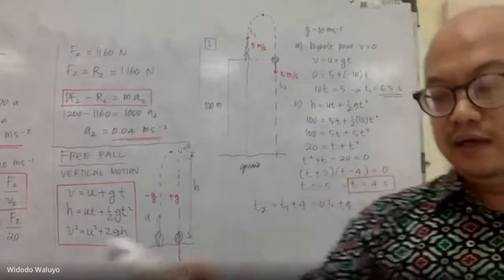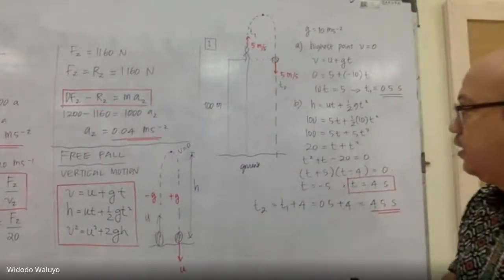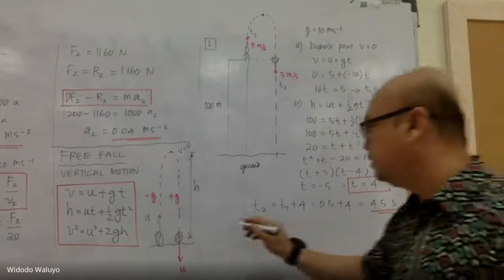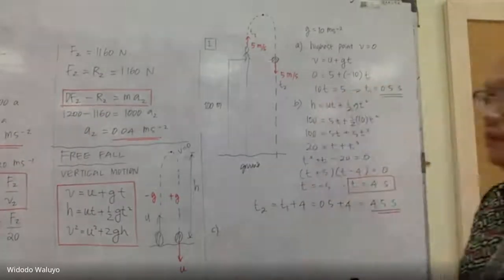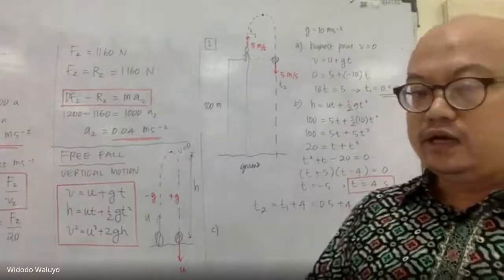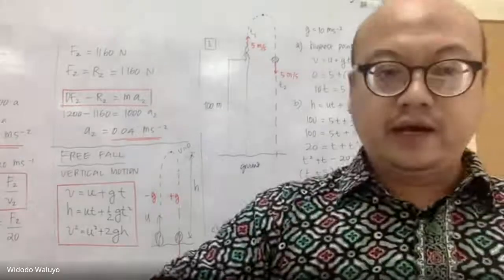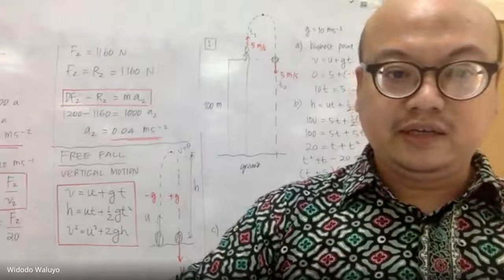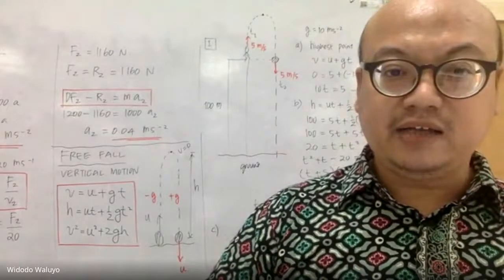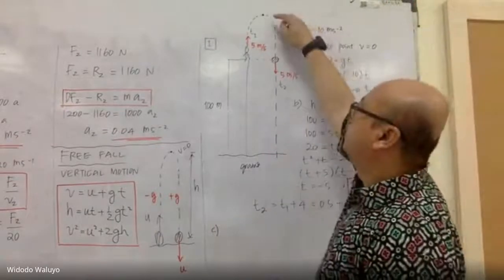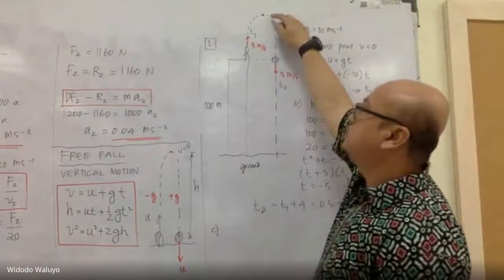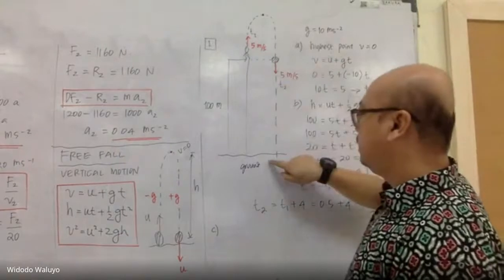Okay, I will continue again about the C question. The C question is: how high is the highest point relative to the ground? How high is the maximum point until the ground?